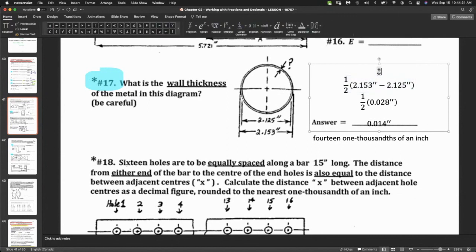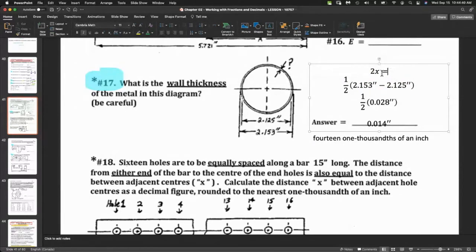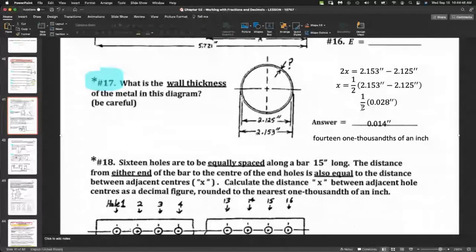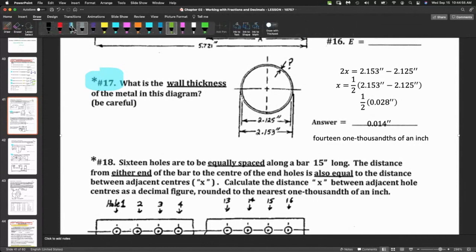I can say that 2 thicknesses, or 2x if you want, is equal to that difference. Perhaps that makes it a little bit easier to read. Does that help a little bit, Matthew? Okay, cool. I didn't want to introduce any algebra there because the last thing I want to do is distract you with algebra when you don't really need to have it.